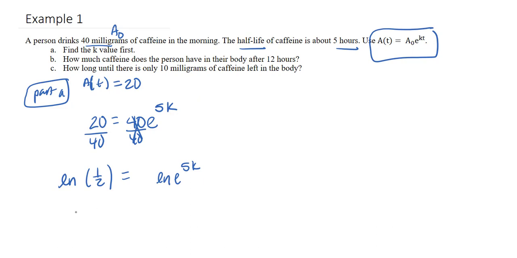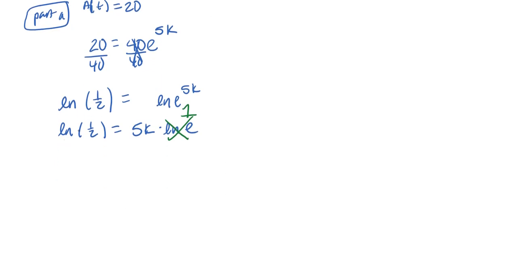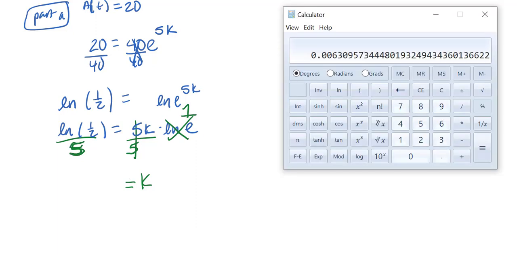Remember, this becomes 5k times the natural log of e. This essentially just pops out to the front of the natural log. This just becomes 1. So now we have the natural log of 1/2 equal to 5k. In order to get k by itself, we divide by 5 on both sides. So we're left with k equal to the natural log of 1/2 over 5.